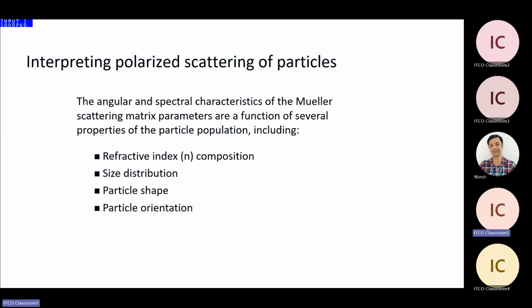So this is kind of the next big thing, in my opinion: interpreting polarized scattering of particles. There's a lot of information there, about refractive index composition of the particles, the size distribution, particle shape, and possibly particle orientation. And this measurement can be made remotely as well.